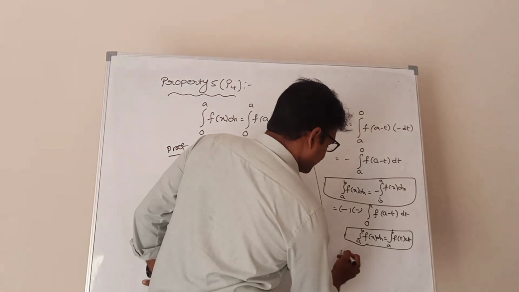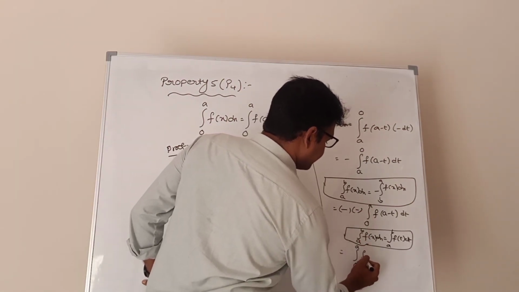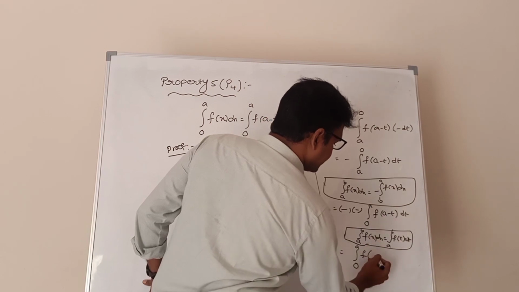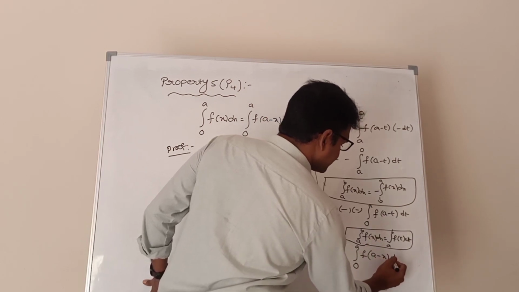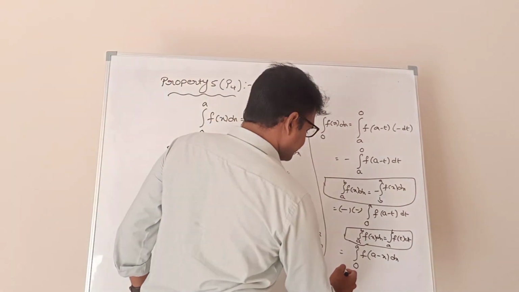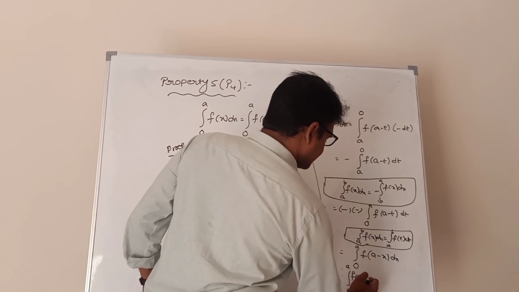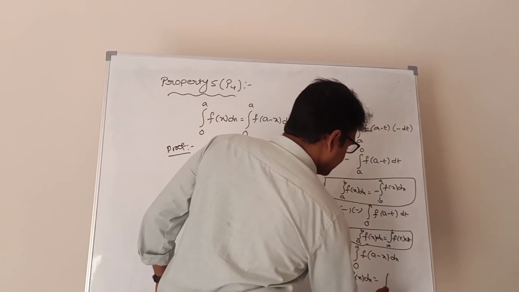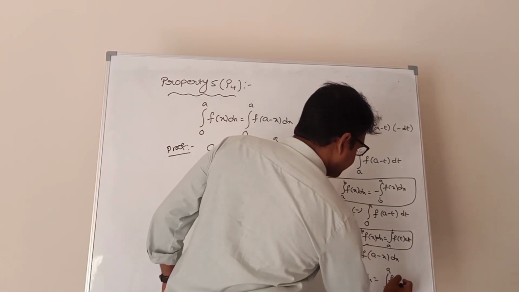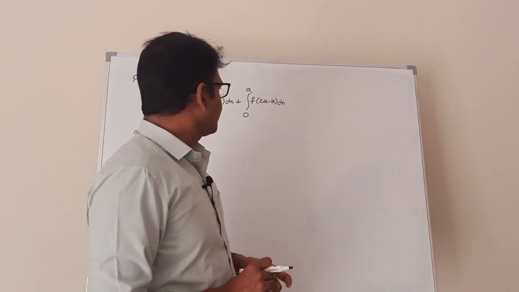So according to this property, minus into minus will become plus: 0 to a f of, in the place of t we can replace with x, a minus x into dx. Therefore integration of 0 to a f of x dx is equal to integration of 0 to a f of a minus x dx.